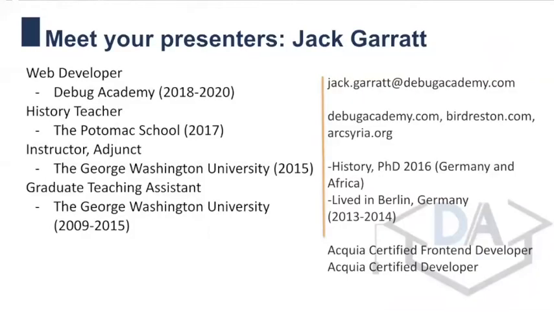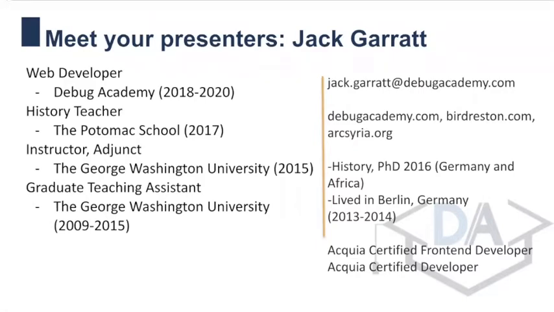So my name is Jack Garrett. I'm a web developer at Debug Academy. I have not been a web developer all my life. In fact, I've only been a developer for 2 years. Prior to my career switch, I was a historian. I got my doctorate in German African history, and I've taught at the university and high school level before making my career change.